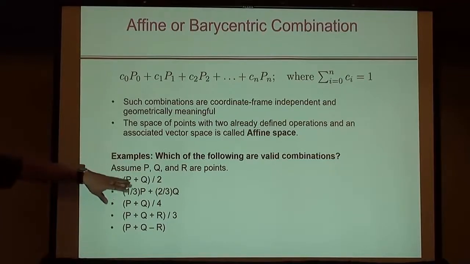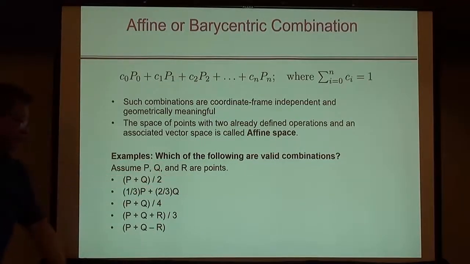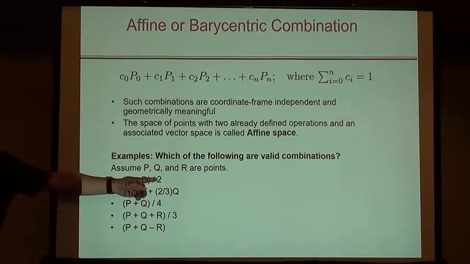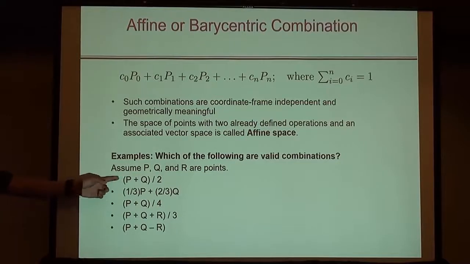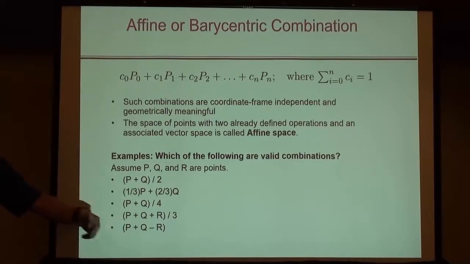Now here's a question: which of the following are valid combinations? Assuming P, Q, R are points. This one, of course, is right. Half plus half equal to 1. That works. And this one also works: 1/2 and 1/4 and 1/4 equal to 1. And this is not: 1/4 plus 1/4 is not equal to 1.